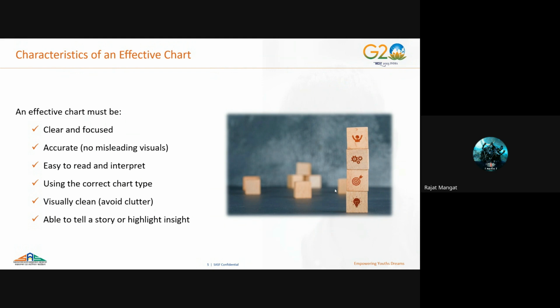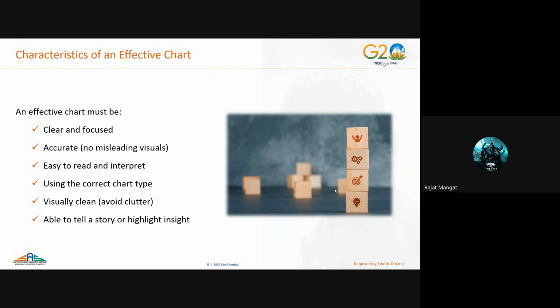So an effective chart must be clear and focused. Okay. It should represent what it should. Means, like if you are printing the average salaries or sales of your product in 2023, 2024, and 2025 in the form of a bar chart, the goal of that chart should be clear, that you are visualizing the amount of sales that you had in all these 3 years in the form of a bar chart.